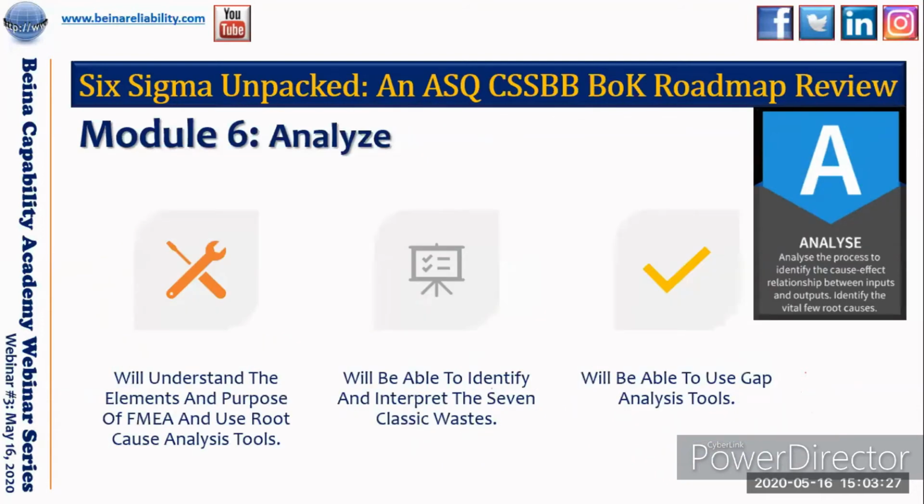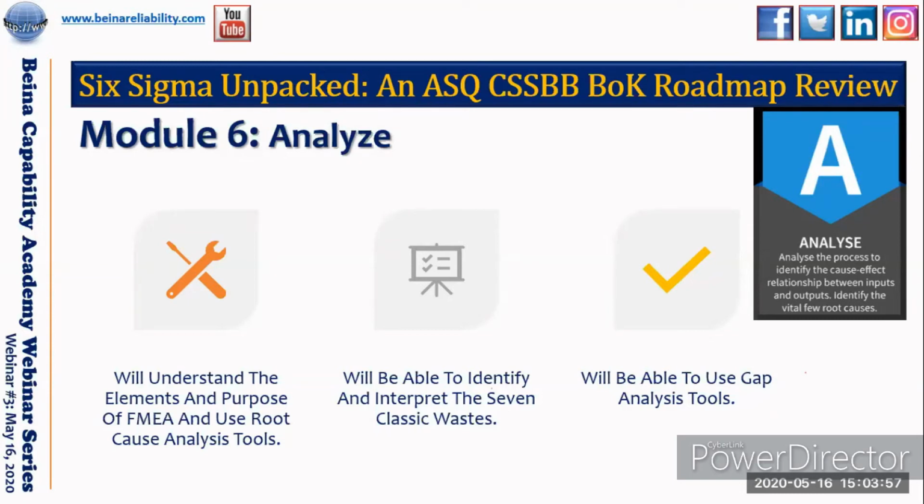Then we have analyze. Analysis is a part that I enjoy a lot. It is where you finally are doing the FMEA and root cause, using the root cause analysis tools. In analyze, you start using some of the tools: linear regression, FMEA, and you do hypothesis testing sometimes. Also in analyze, you are checking what sample size you are using.